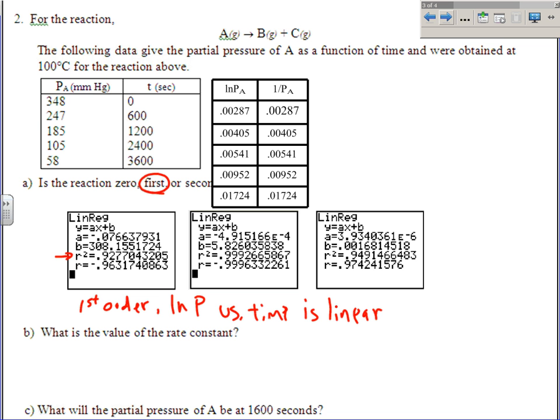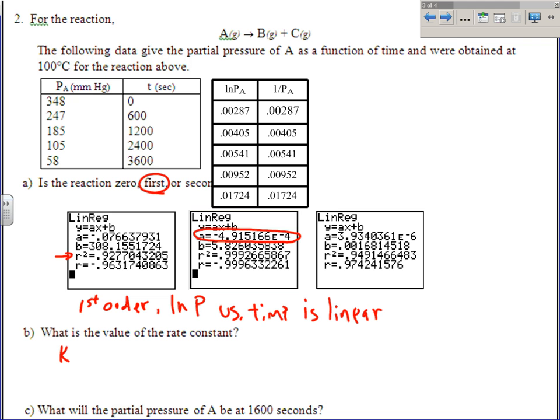Now, in order to calculate the rate constant, first off, you need to realize that it's a first order relationship, and that first order relationship has a slope right here of negative 4.9 and then other digits, times 10 to the negative fourth. Well, remember, the absolute value of that slope is going to be our k value.